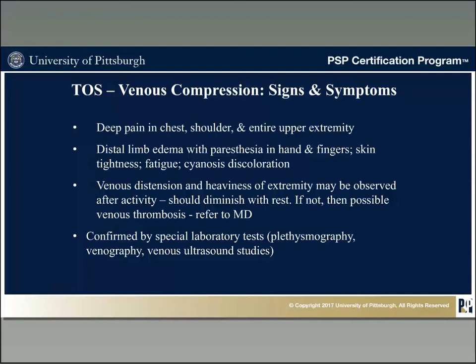So oftentimes the hand, forearm, and upper extremity itself may become a little bit more edematous. We may start to see signs associated with a cyanotic type of presentation. And again, this will be a clear differentiation from what we see on the arterial side of things.